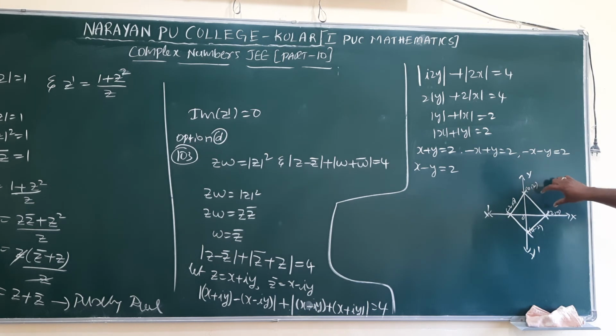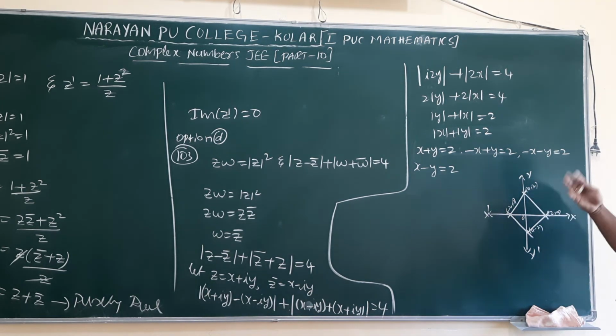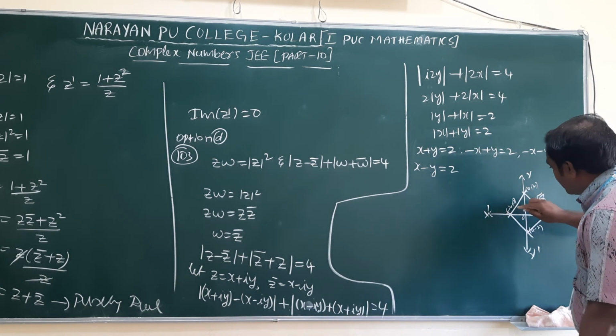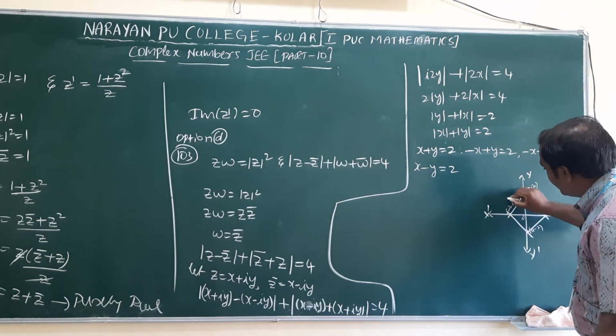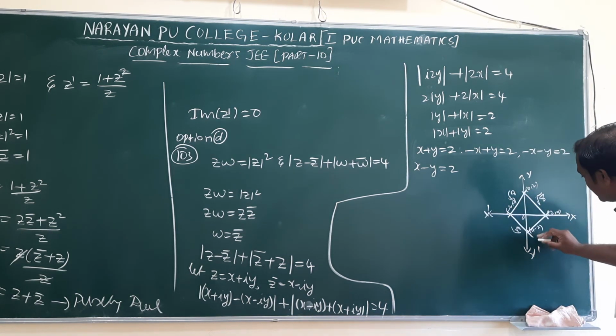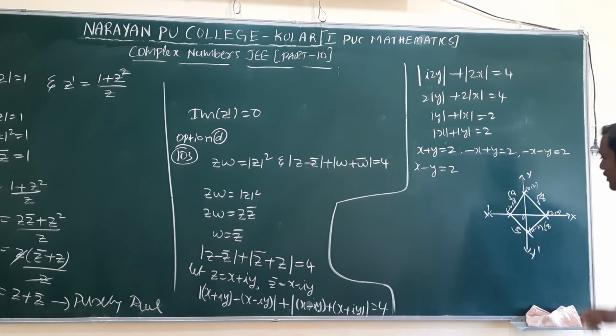Now we have to find this distance. Using the distance formula, square root of (0 minus 2) whole square plus (2 minus 0) whole square, we are getting square root of 4 plus 4, square root of 8. This side is square root of 8, and here also square root of 8, and this side also square root of 8. It is clear it is a square.